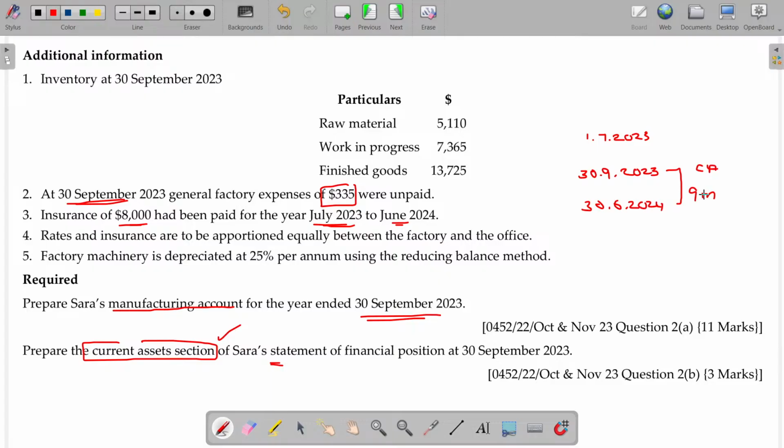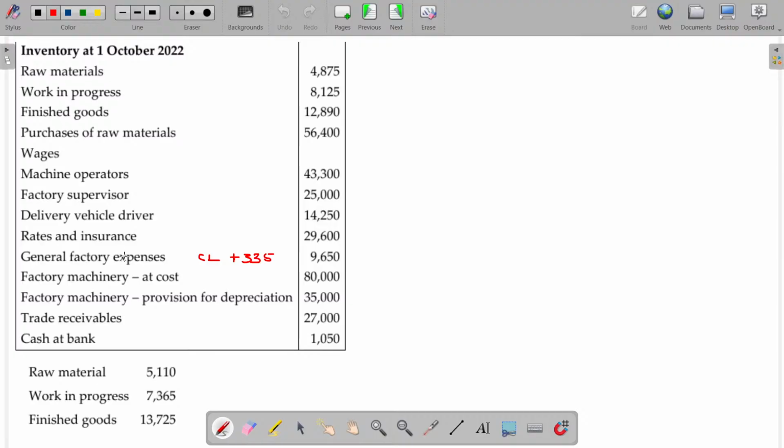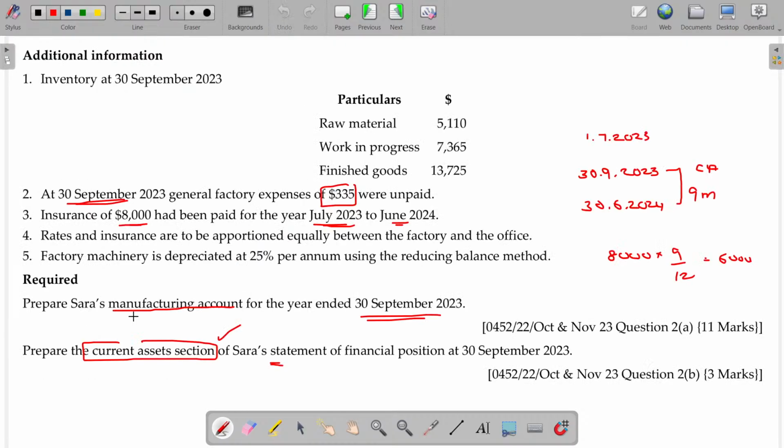So 9 months in advance. Now this 8,000 rupees into 9 by 12, 6,000 will be the advance amount. In case of insurance, I have to subtract 6,000 as you paid in advance. This will be part of current assets. Because we have to prepare current assets section, I note the current assets also simultaneously.